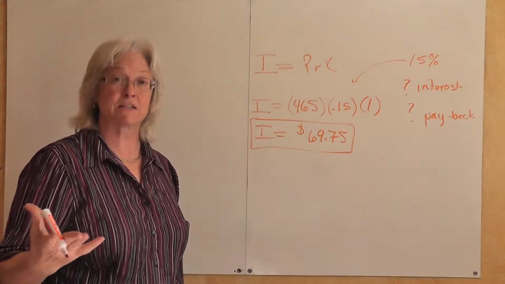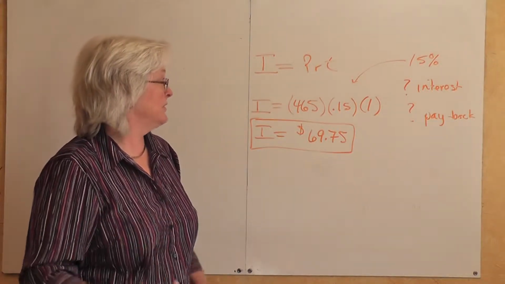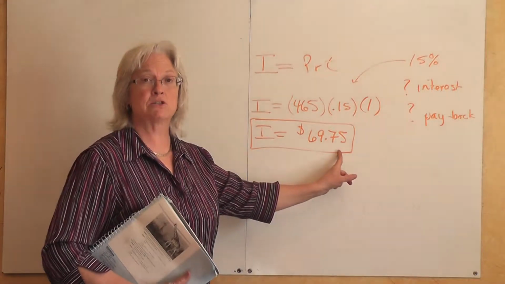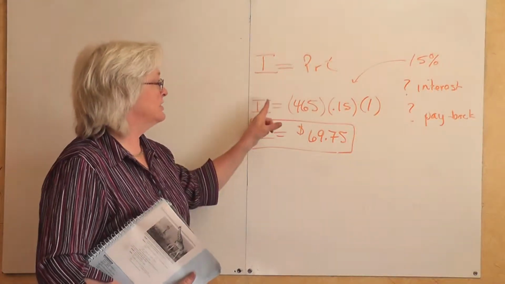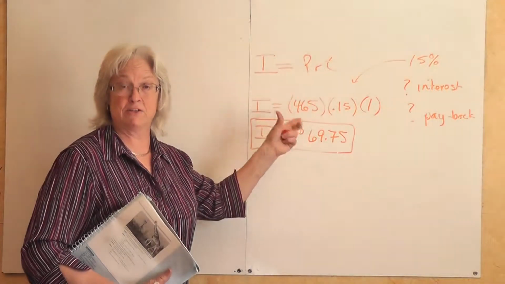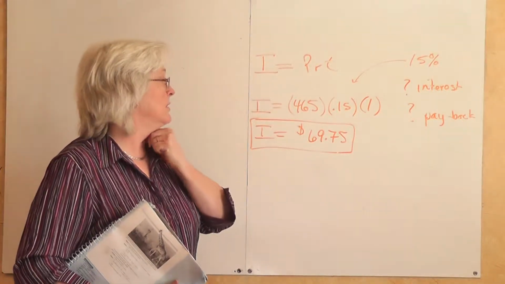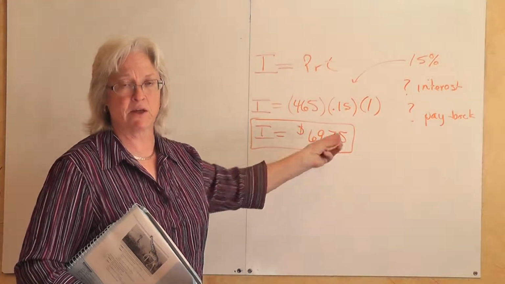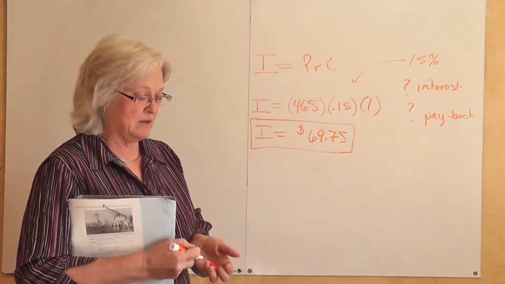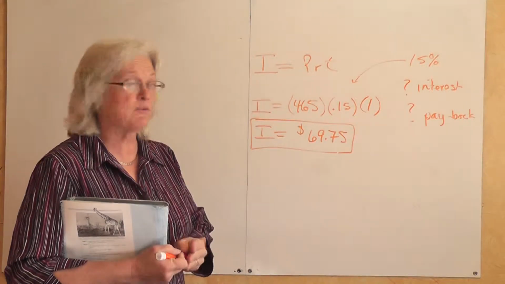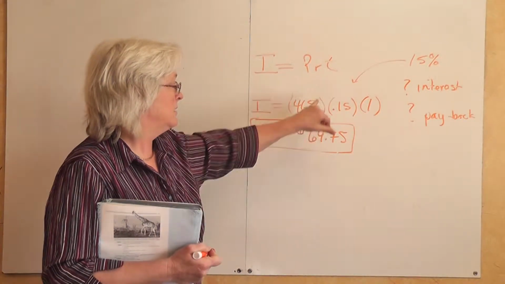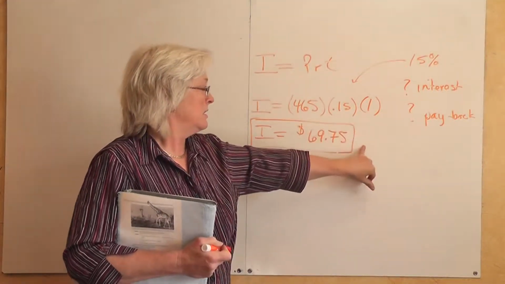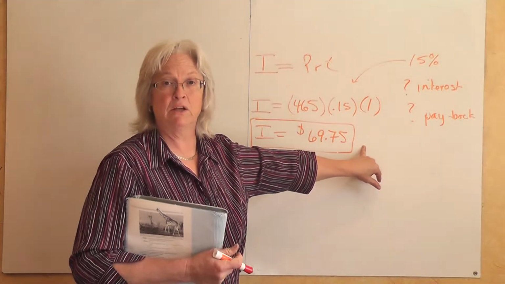Now our problem asks us, what's the amount of interest that over the course of a year Aaron has to pay for the privilege of buying his bicycle right now instead of saving up the money for it? Well, it costs him $69.75, so that's the cost of borrowing the money. Now my little shameless plug here for not borrowing the money. So you wait until you can pay cash for that bicycle, and you've actually saved $70.